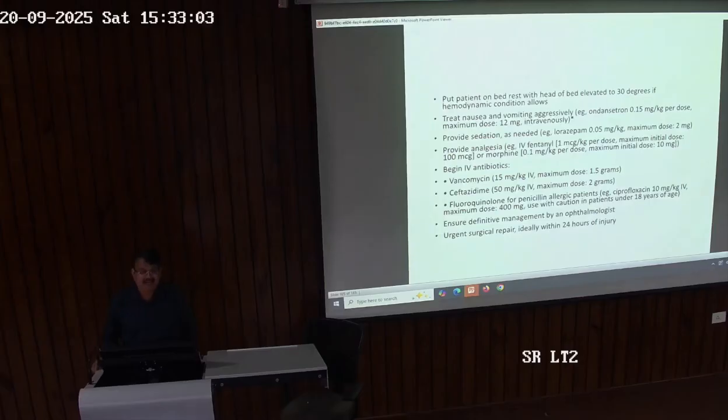In neck trauma, there may be fracture of the thyroid cartilage and injury to the laryngeal area. This one is a tracheal injury. Sometimes a road traffic accident can cause a blowout of the carotid arteries.